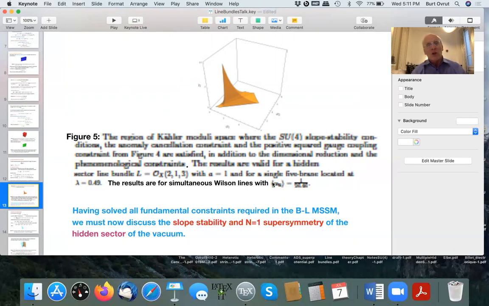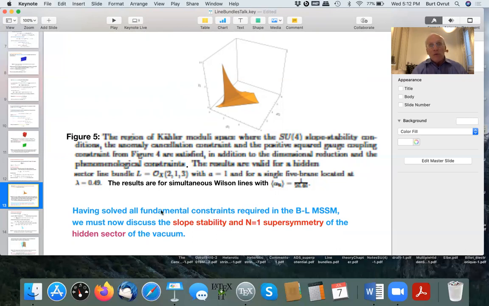I can't read it there, I'm sorry. That is, we satisfy all of our constraints in this brown region. So that's the region of moduli space, a1, a2, and a3, and for any moduli in here, all of the constraints that I just discussed are completely solved.